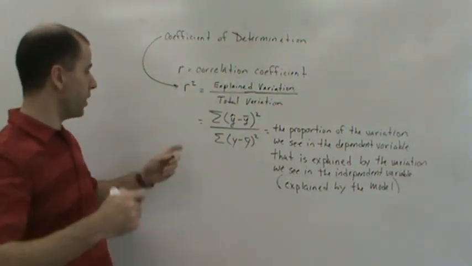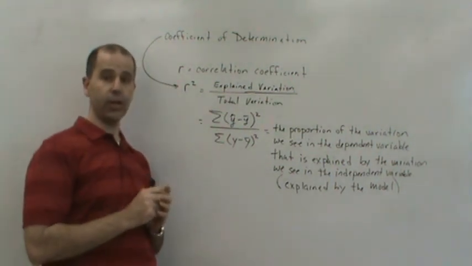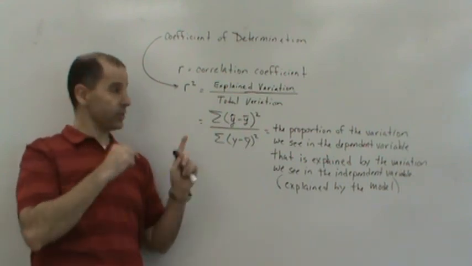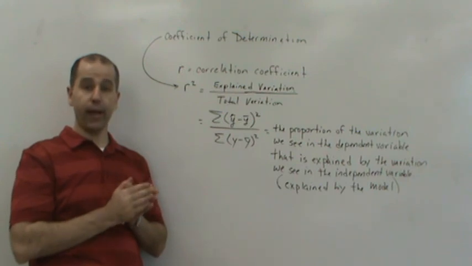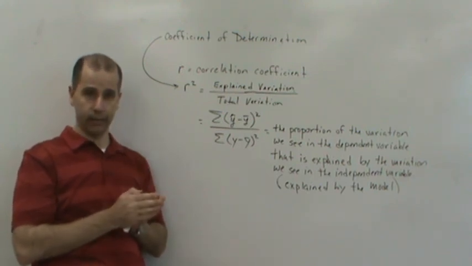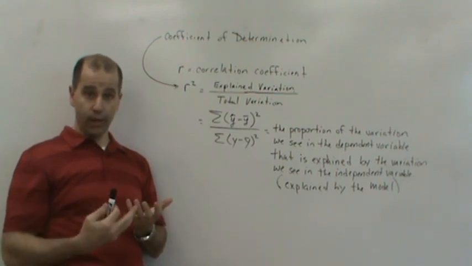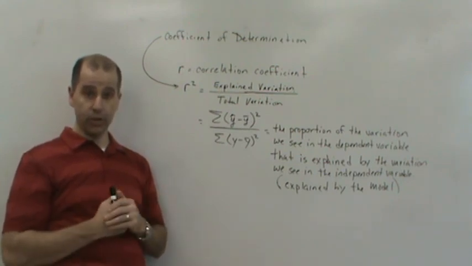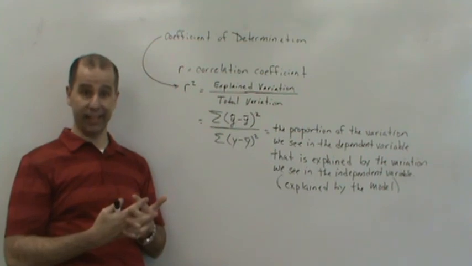Typically R squared is always written as a percentage. And so what does R squared tell you? R squared tells you how good your model is. If you have a high R squared value, the closer to 100% R squared is, if you write it out as a percentage, the better your model fits the data, so the better your model is in predicting things.